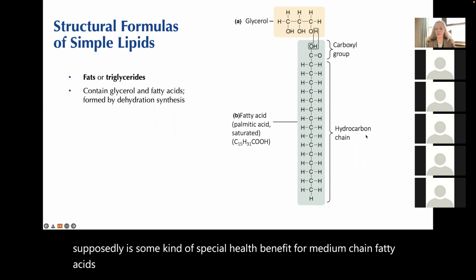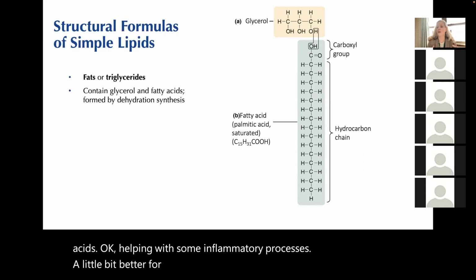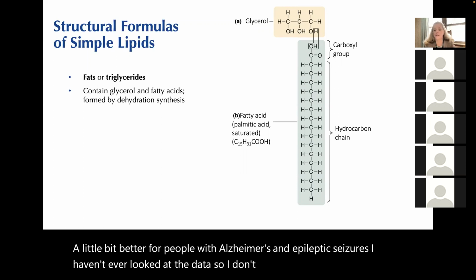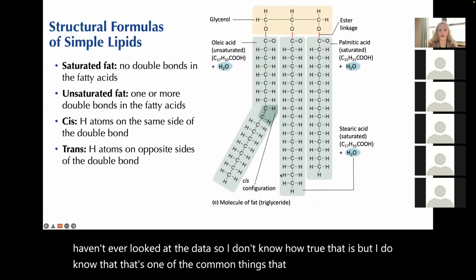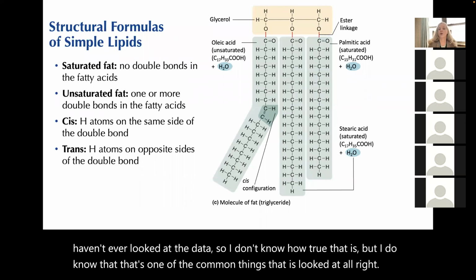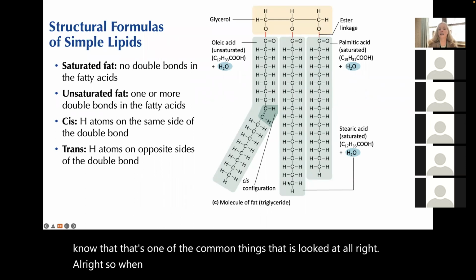Helping with some inflammatory processes, a little bit better for people with Alzheimer's and epileptic seizures. I haven't ever looked at the data, so I don't know how true that is, but that's one of the common things that is looked at, all right? All right, so when we link our fatty acids to our triglycerides, we link to every carbon in the glycerol.